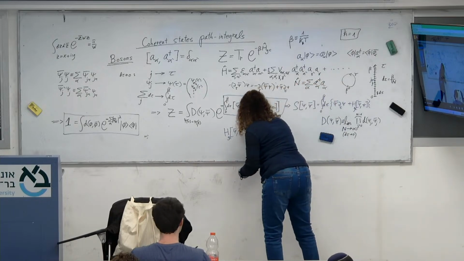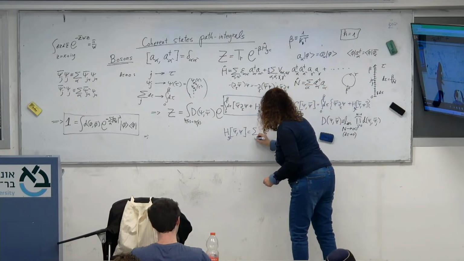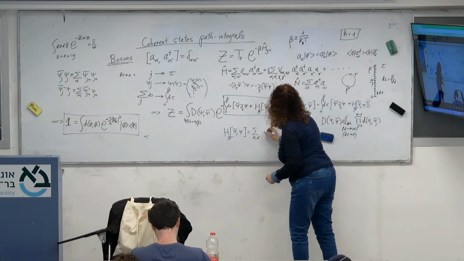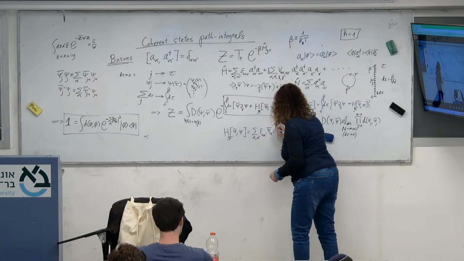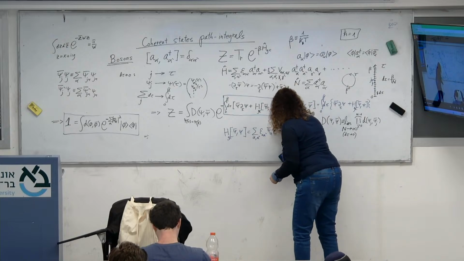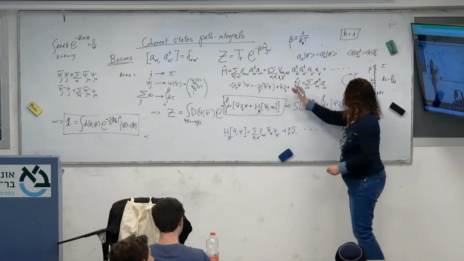If I just copy the general expression, it's a sum over alpha alpha prime, epsilon alpha alpha prime, psi bar alpha psi alpha prime, plus the two-body thing, which is the same thing.